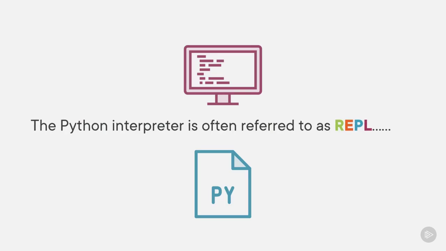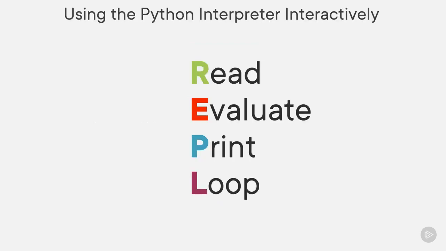The Python interpreter is often referred to as REPL, and REPL in the context of Python is often referred to as the interpreter. What REPL is doing is reading input, evaluating that input, a set of commands, printing results, and then looping back through if it needs to. And that's what REPL is.